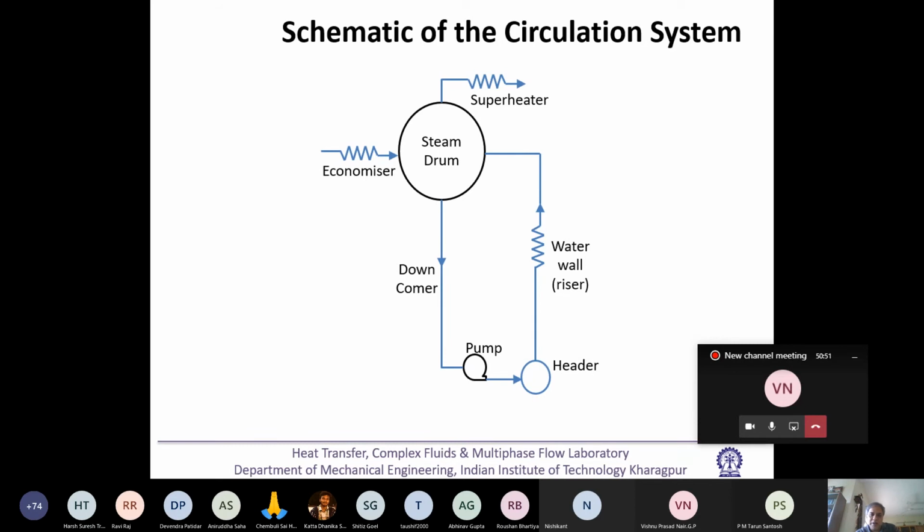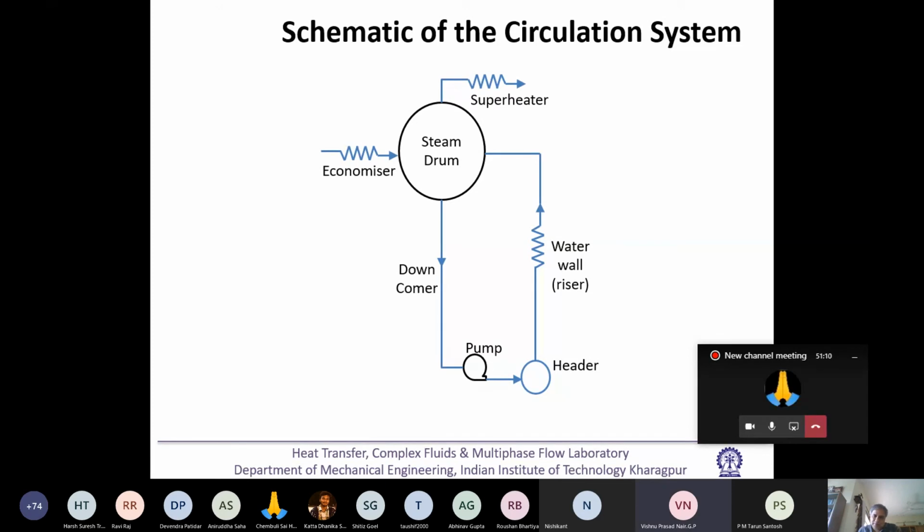At one point, feed water heaters will not be put. By the hot gas generated in this boiler, we heat the water almost to the saturation temperature. That part is called the economizer.